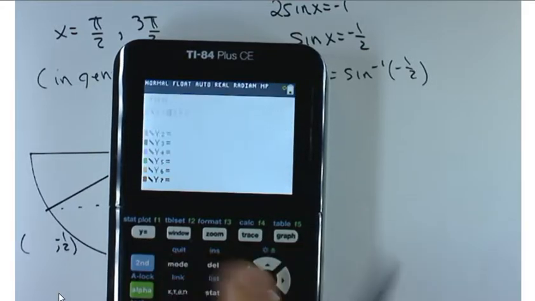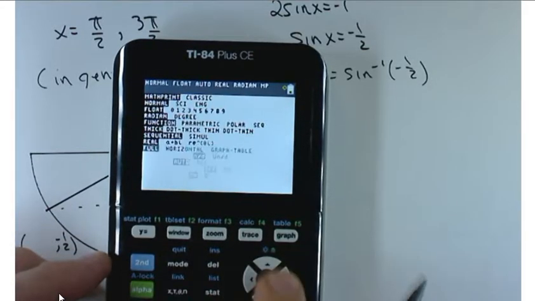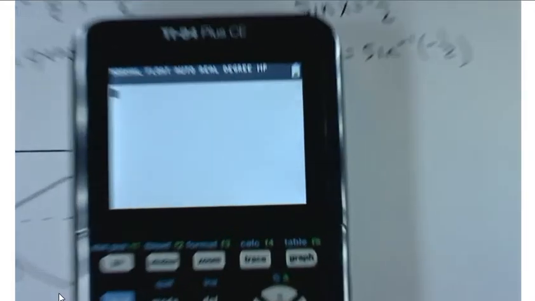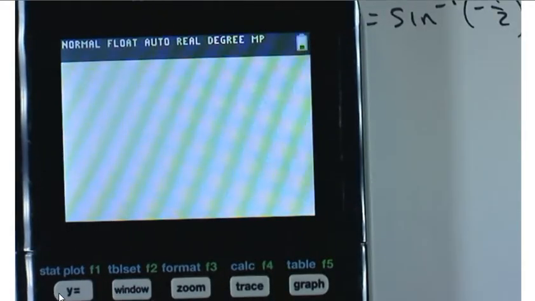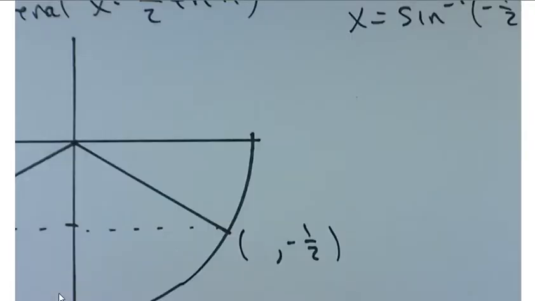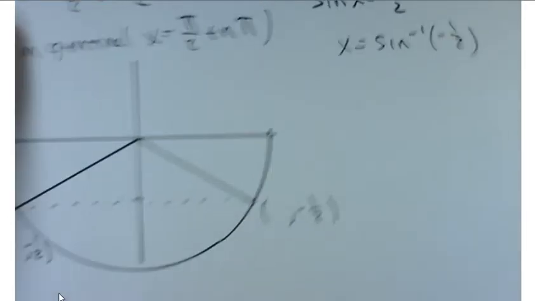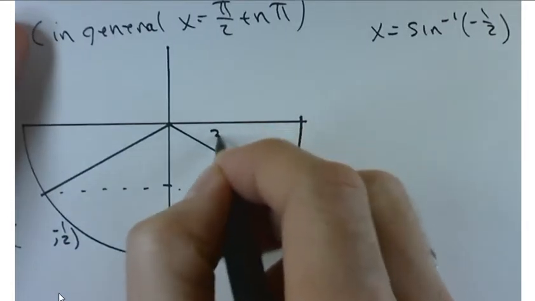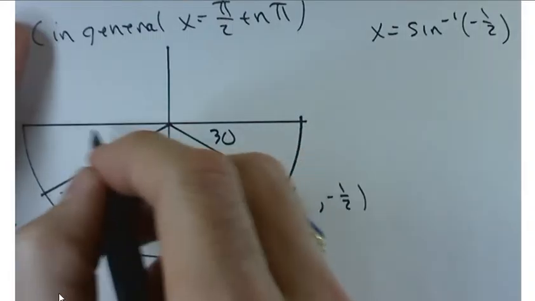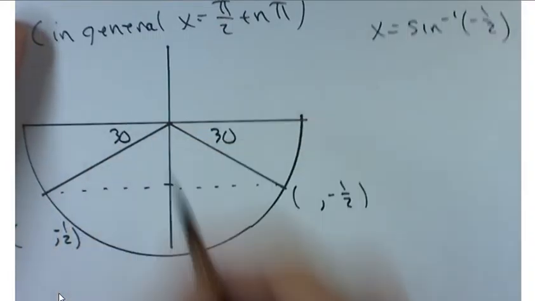So mode over to degree. Second, sine inverse, negative 0.5, and I get negative 30 degrees. So, okay, maybe I'm spending a little bit too much time on this, not sure. But that's negative 30 degrees this way, and then this is also going to be 30 degrees.